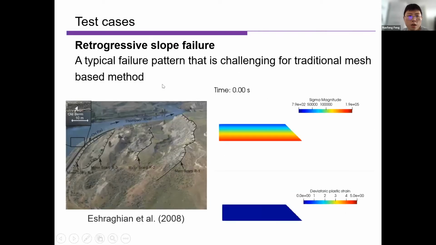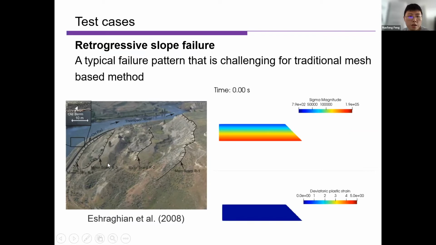At last, for this part, I apply the model to simulate a quite challenging topic, which is retrogressive landslide failure. As we can see from the left-hand side figure, there is a typical retrogressive landslide failure.